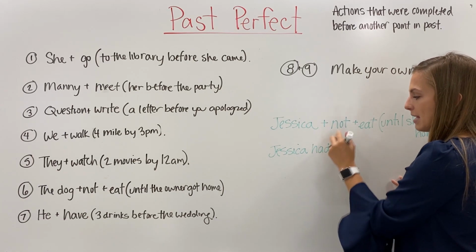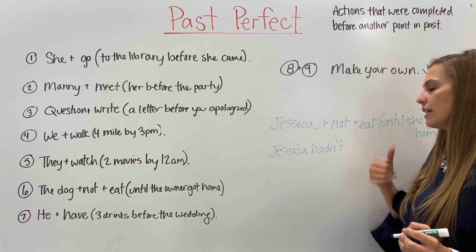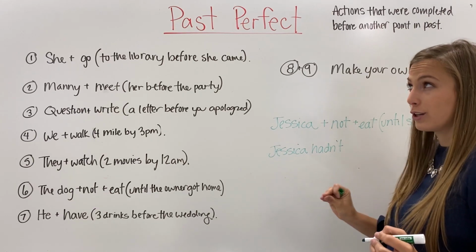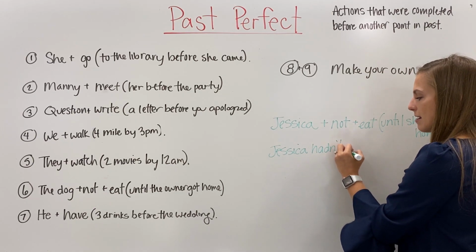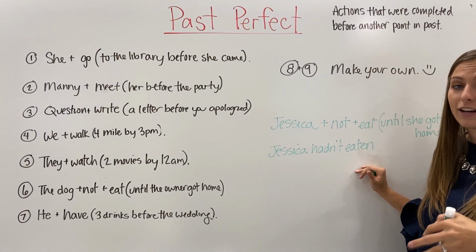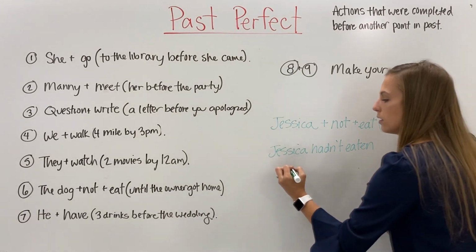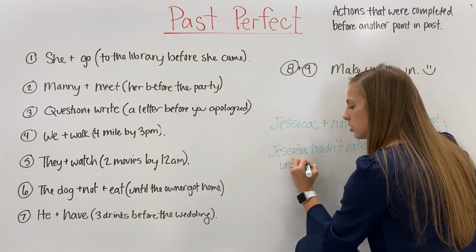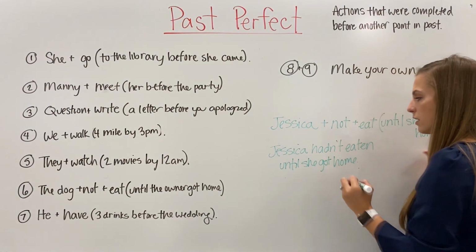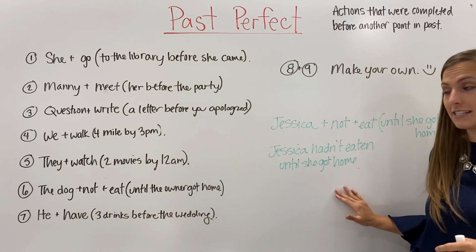So had and then not, I'm going to make a contraction. Jessica hadn't. Then we need the past participle of eat. I know eat is not a regular verb, so that means I need eaten. Jessica hadn't eaten. Okay, and then the rest of the sentence, until she got home. Jessica hadn't eaten until she got home. All right, that is the answer for that.